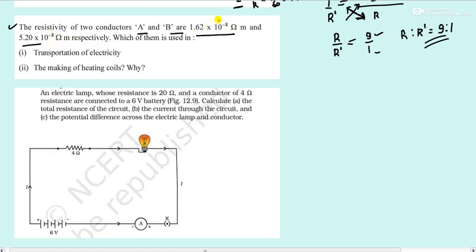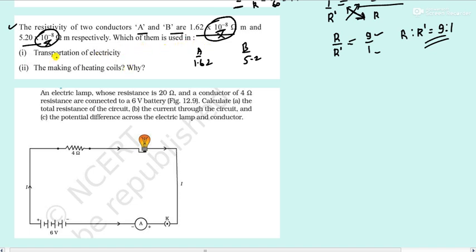If you look at these powers, both of them have the same, so you can just ignore it. They are very small values, but you can just look at these two. For A it is 1.62. Since this power remains the same, we will not consider that. And for B it is 5.2 ohm meter.